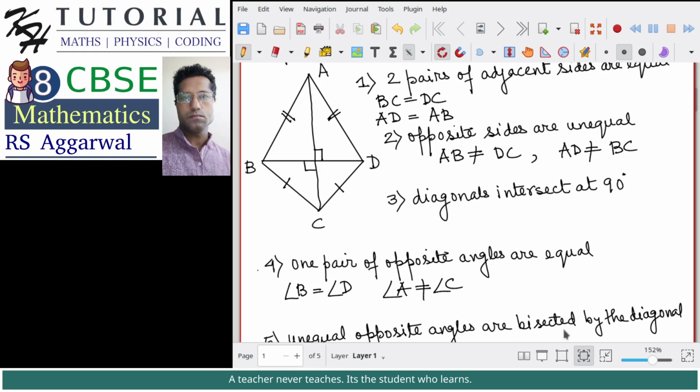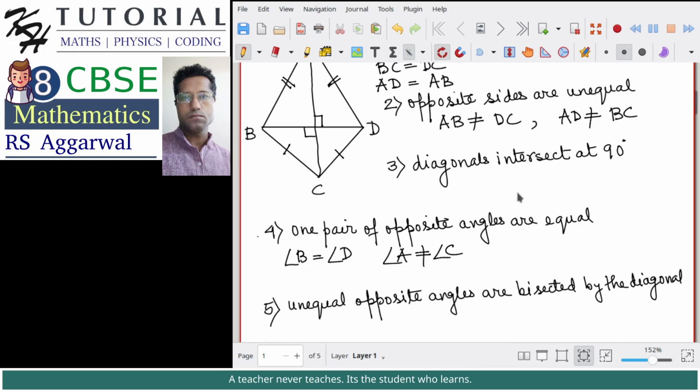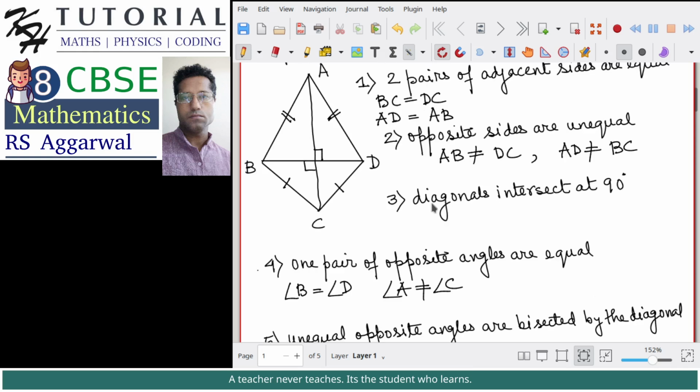The next property is that unequal opposite angles are bisected by the diagonal. In this example, we are assuming angle B is equal to angle D, so the other pair, angle A and angle C, will be unequal. But angle A and angle C will be bisected by the diagonal AC.